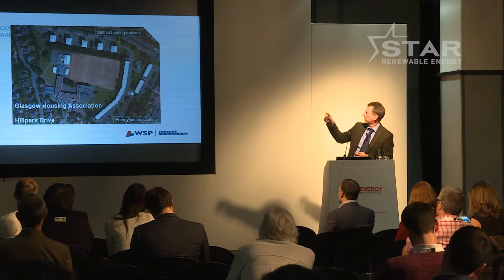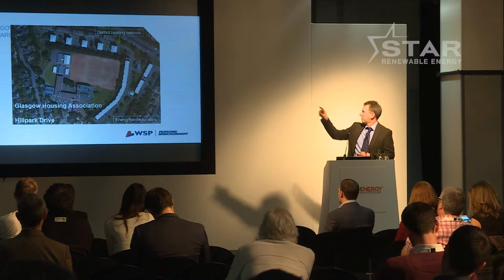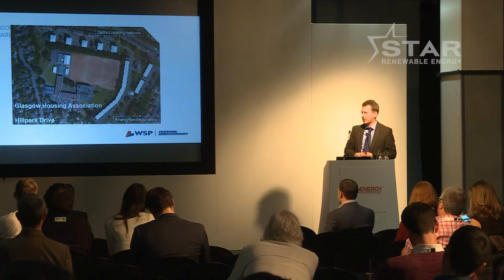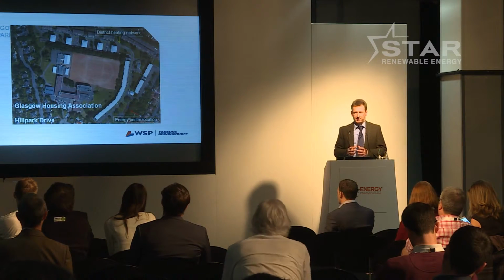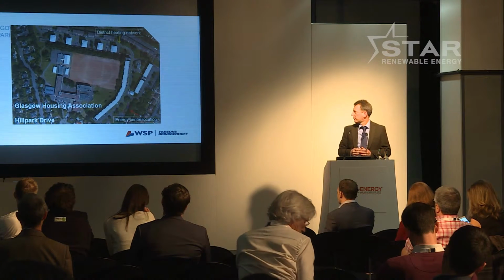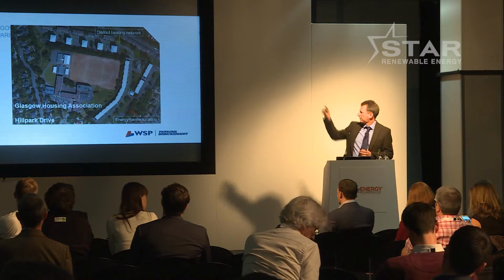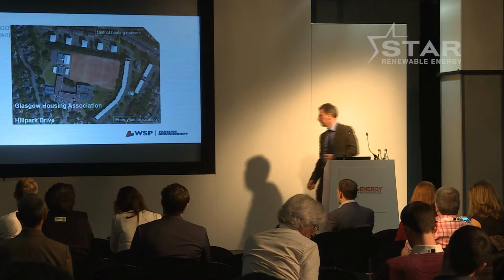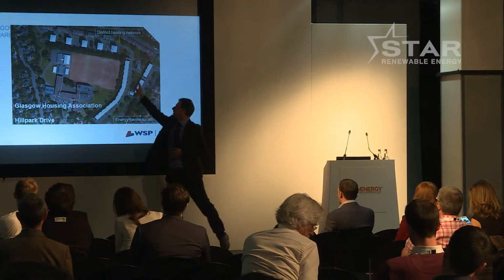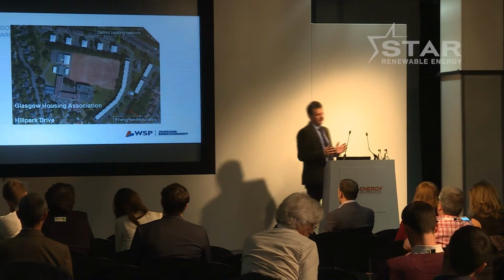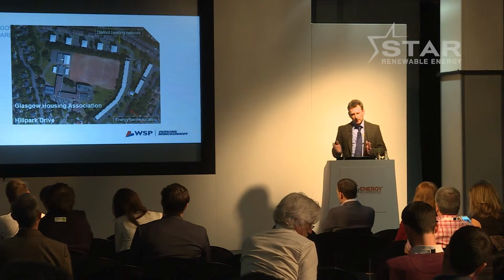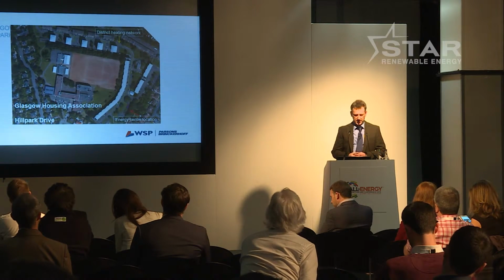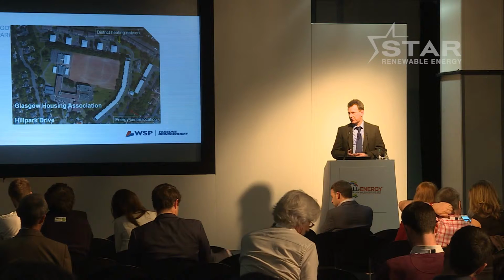In the aerial view you can see along the top there are 5 multi-storey blocks, 8-storey blocks, and the 2 longer units down the side of the estate are 6-storey dwellings. They're all built in the 1970s.